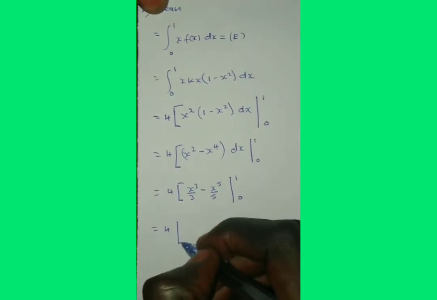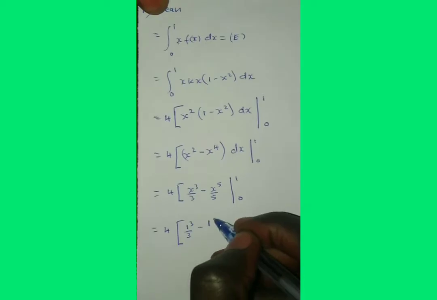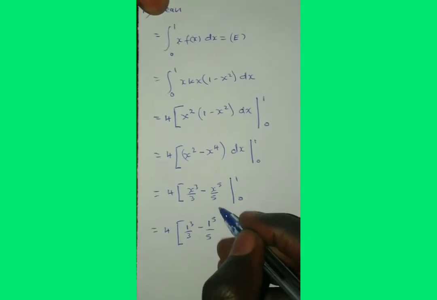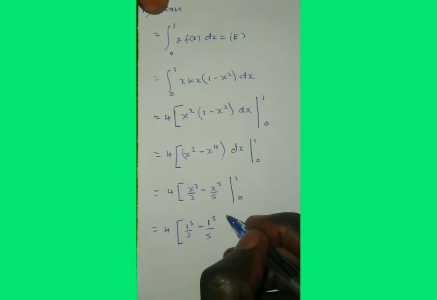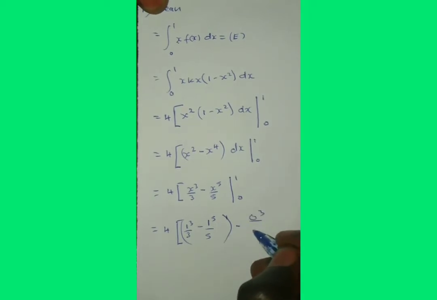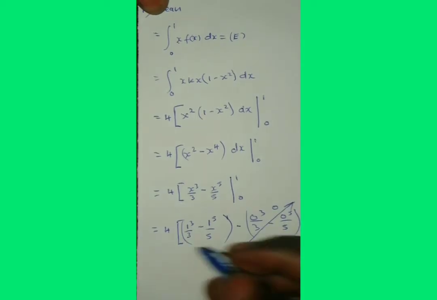So this will be 1 raised to power 3 divided by 3 minus 1 raised to power 5 divided by 5, and then minus, I replace everywhere with 0, minus 0 raised to power 5 divided by 5. So this all will be 0.